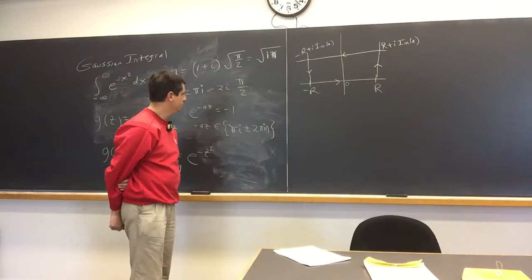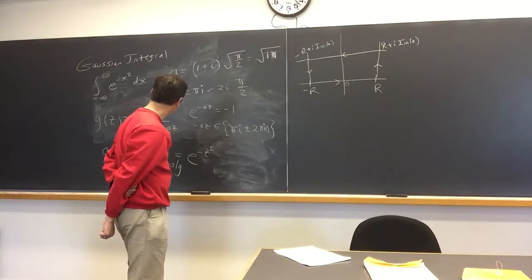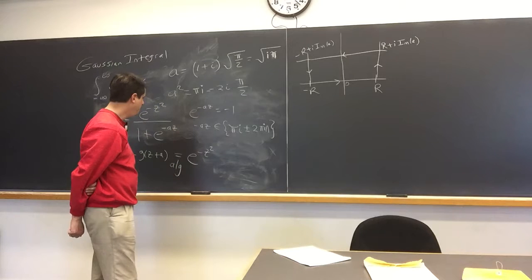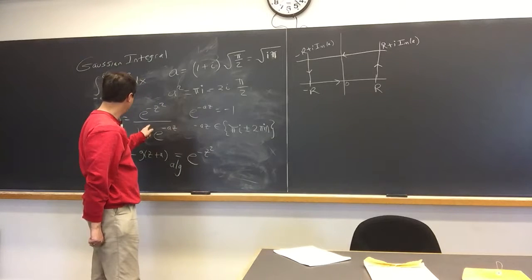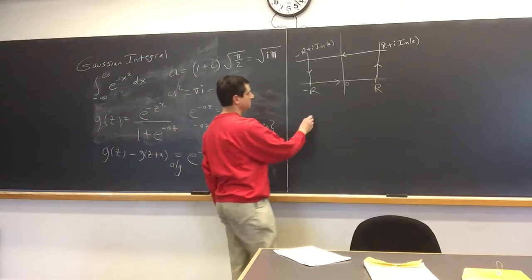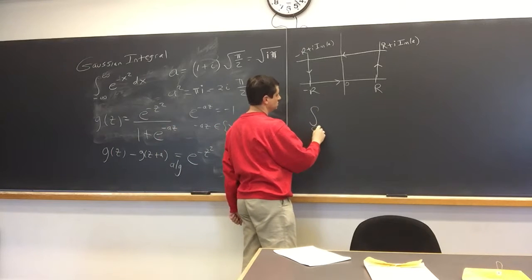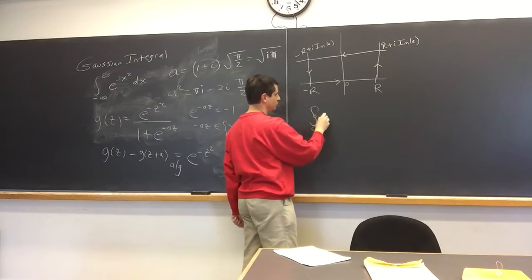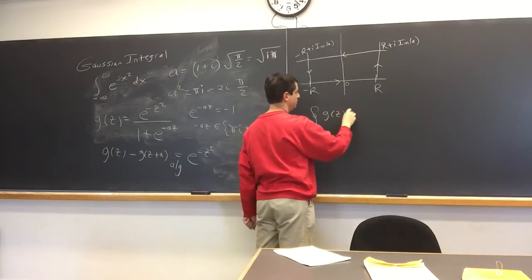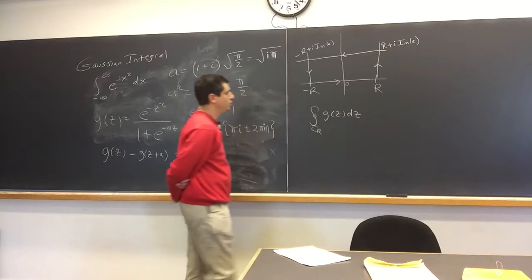What about the poles? The poles are going to depend on what we integrate. So let's try integrating this function g of z over this closed contour, g of z dz.